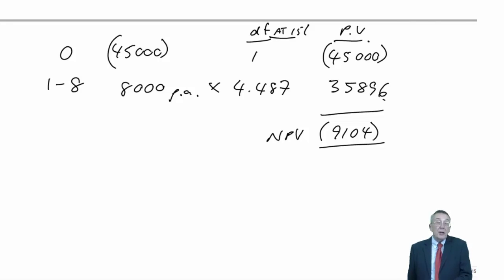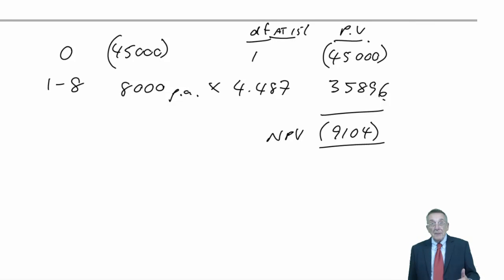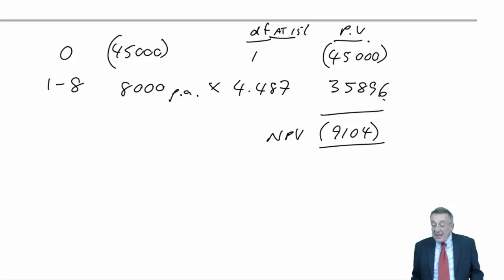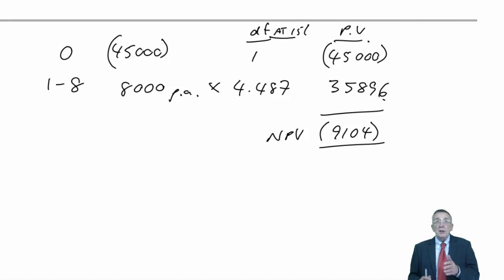But of course, that's an awful lot quicker, I'm sure you'd agree, than discounting 8,000 separately each of 8 times. By all means, try it, you'll get the same answer. But it is time consuming, however fast you are with your calculator. So if ever you find there's an equal annual flow, then use annuity factors. It only works when it's an equal amount each year.